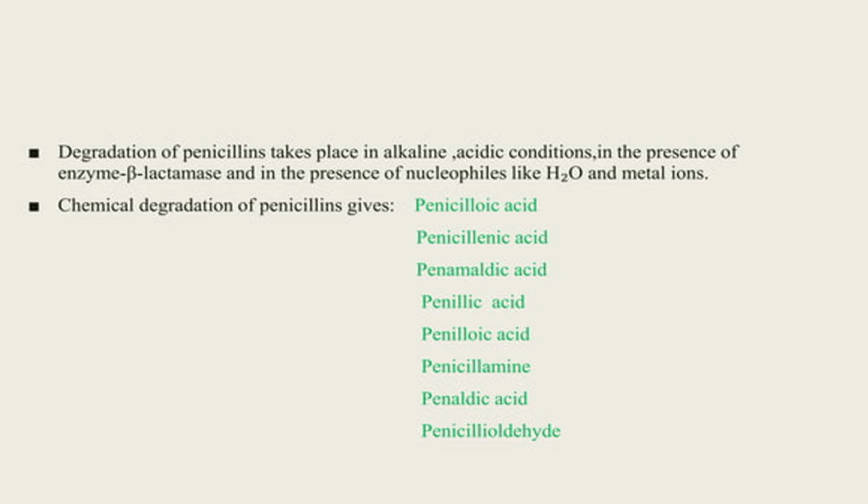Degradation of penicillin takes place, as already discussed, in alkaline as well as acidic conditions, in the presence of the beta lactamase enzyme, and in the presence of nucleophiles like water and metal ions. The chemical degradation products of penicillin include penicillinic acid, penamaldic acid, and others.